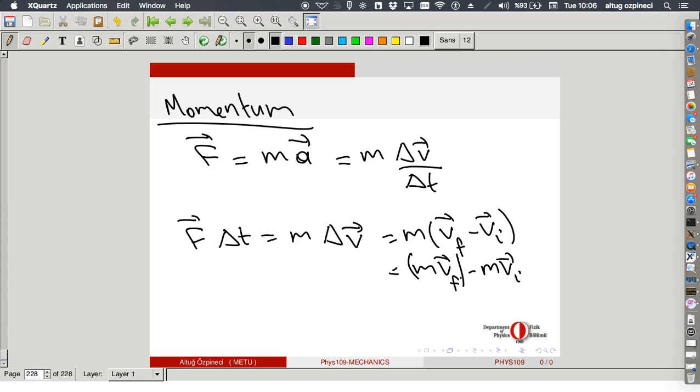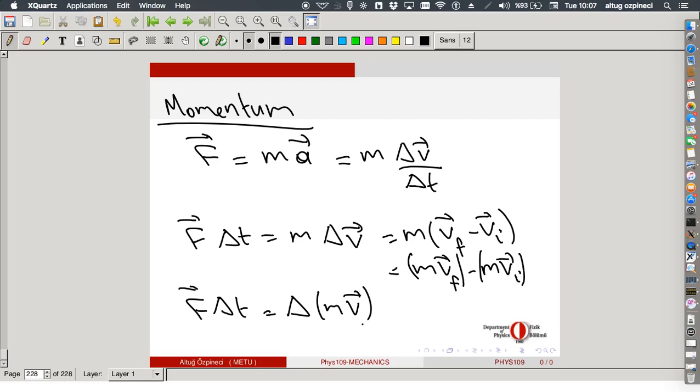But if I put the parentheses in a different form, F times delta t is the change in this product. So you construct this quantity, it's not the velocity, you take the velocity and multiply it with the mass, and if you exert a force on the object for a duration delta t, then this product will change its value because velocity is changing, and the change in this quantity is directly equal to the force exerted on your system times delta t.